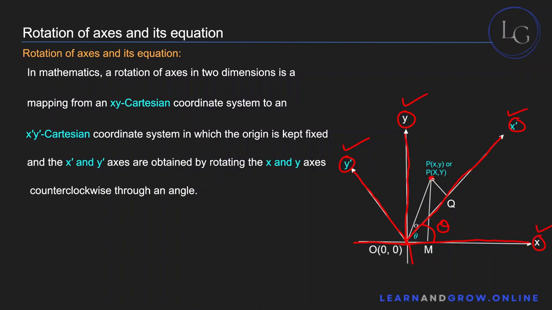Let's say you have this point over here, and its coordinates are given to you in the new axis, with the new x value as q, and a new y value, let's say that's L.